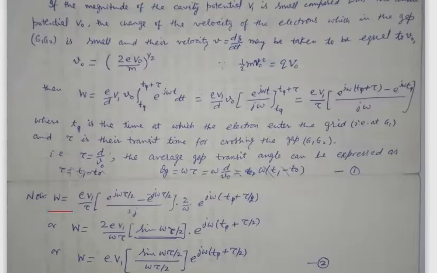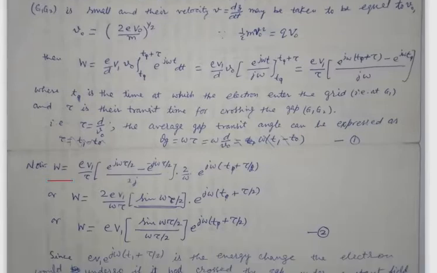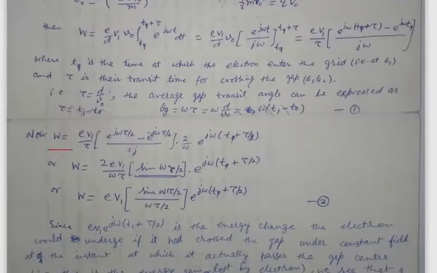Now this bracketed term is equal to sine omega tau by 2, and by rearranging this work done expression, we show this equation in terms of equation second.